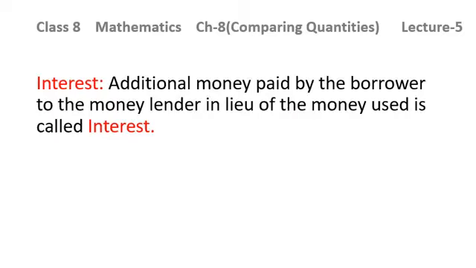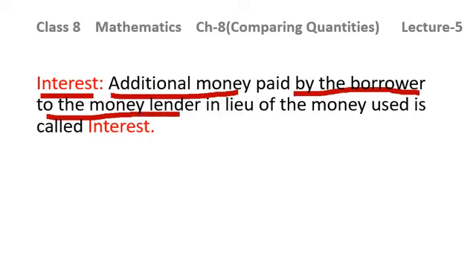Then interest. We are talking about simple interest and compound interest, but what does interest mean? This is the additional money paid by the borrower to the money lender from whom it has been borrowed, in lieu of the money used.